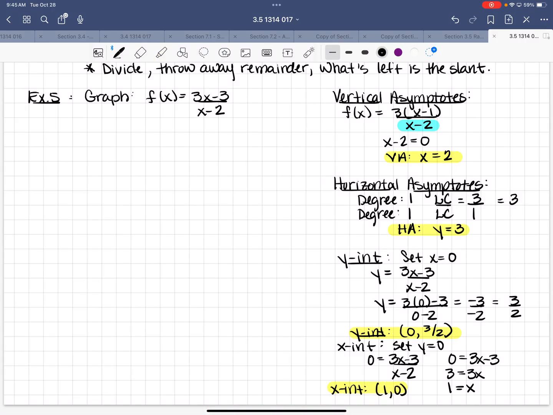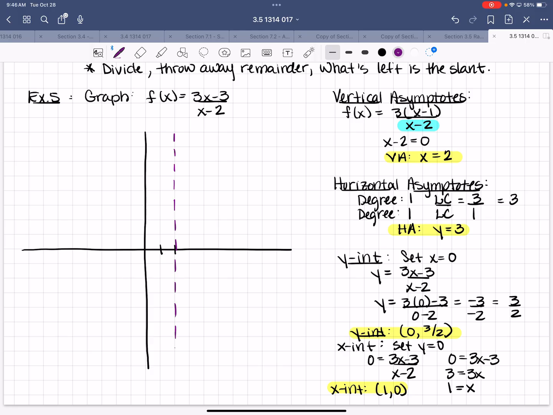Okay, so let's see if we can put these down there. To start with, I have a vertical asymptote at x equals 2. So 1, 2, and I'll make them purple. Then I have a horizontal asymptote at y equals 3.